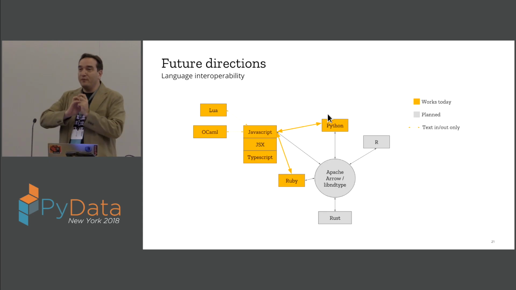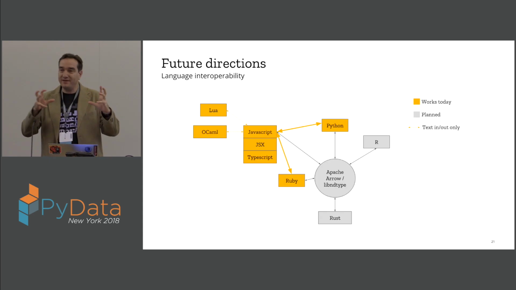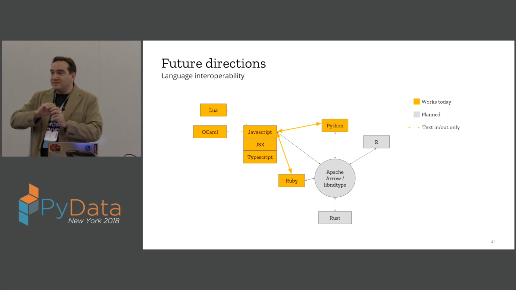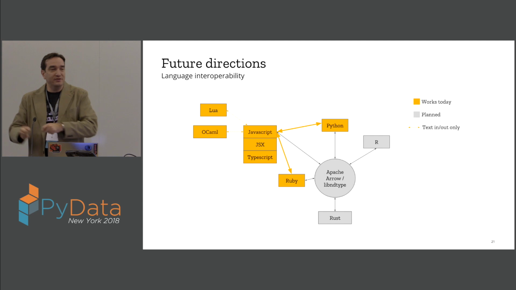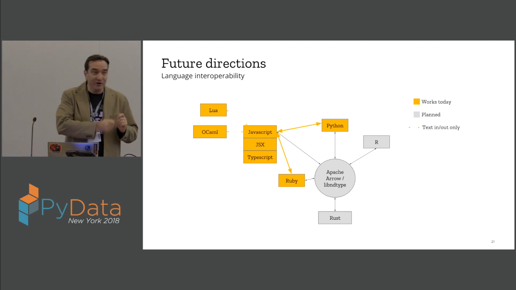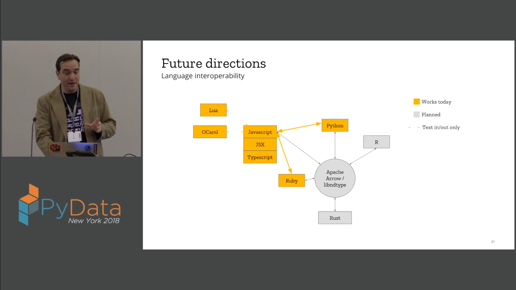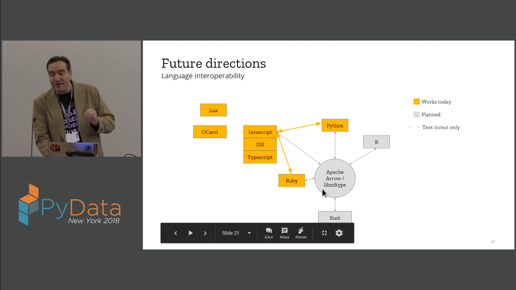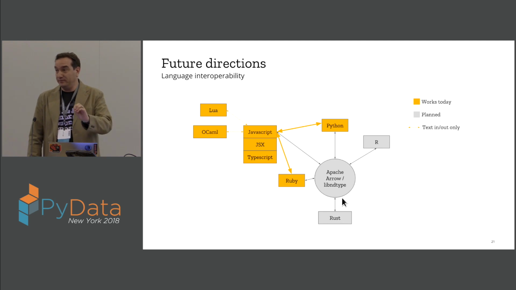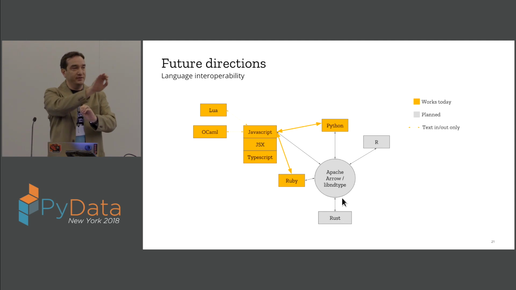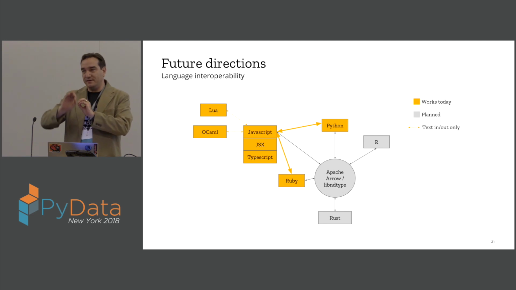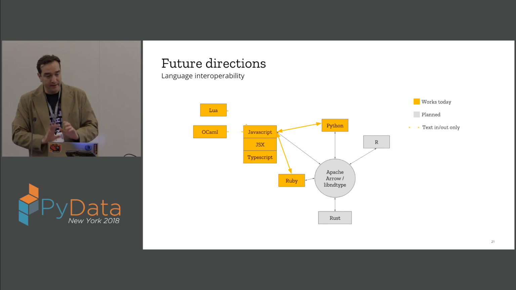So a big part of where we wanna go with this is having this nice, tightly integrated system where you can do some of your stats in R where it's really good, and do some of your data munging in Python where it's really good, and not really care, and do that all in the same process within the browser. The key around that, of course, is something like Apache Arrow or libnd type in the middle as the sort of conversion layer to help you move those data types around without any copying.